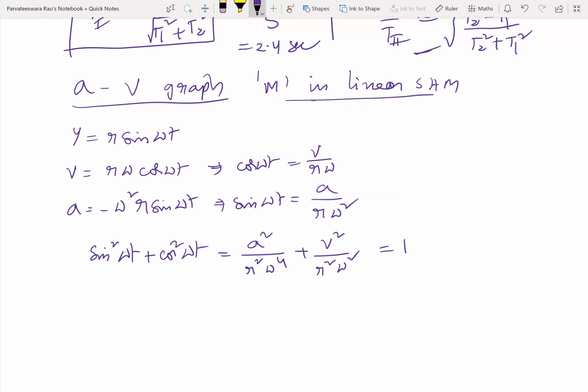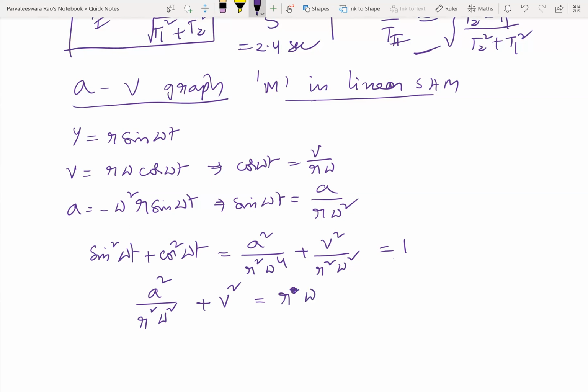So he wanted the acceleration velocity graph. Now from this, A square by R square omega square plus V square is equal to R square omega square.